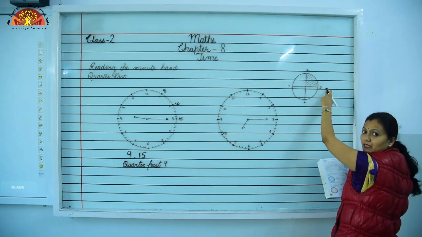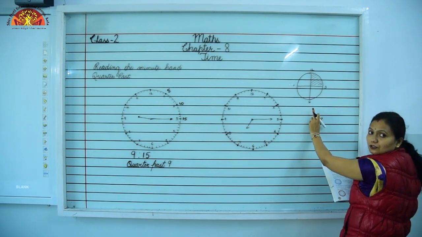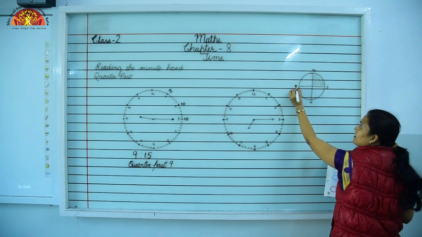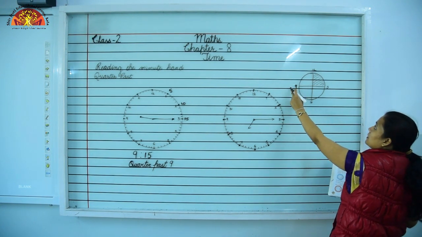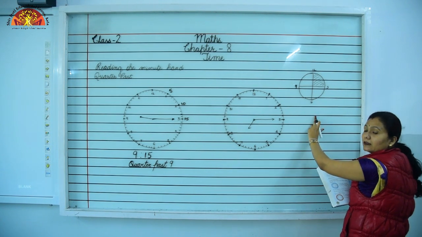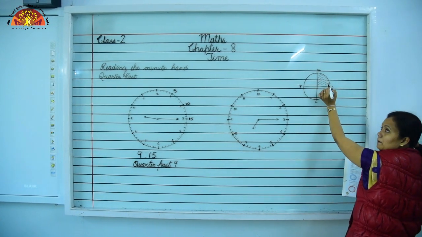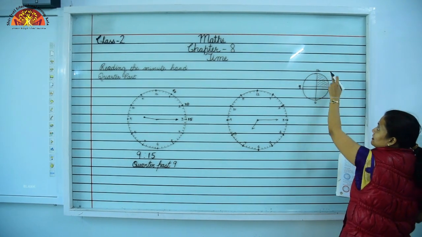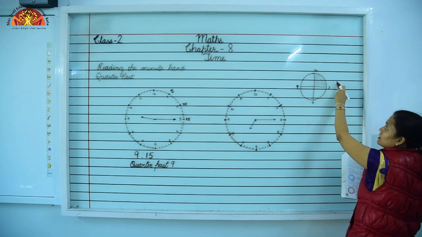Now when we divide a clock into 4 parts, one part is from 12 to 3, the second part is from 3 to 6, the third part is from 6 to 9, and the fourth part is from 9 to 12. So when we divide a clock into 4 parts, we can say one part is a quarter. So this is quarter past.